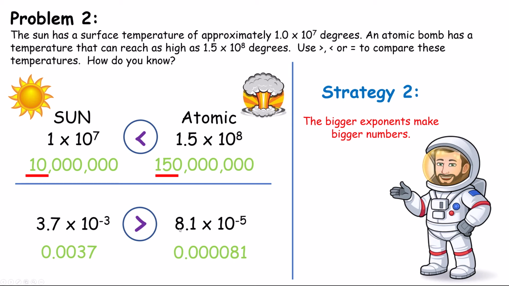You see, the value of the digit here didn't matter, because when you take the place value, the 3 is in a position that has greater value than the 8 is. Just like up here, this one was in a lower position than this one. Strategy 2, bigger exponents make bigger numbers.